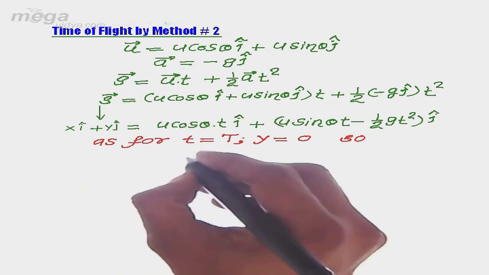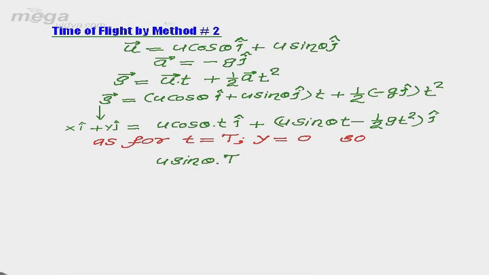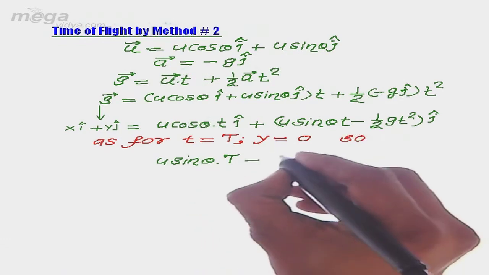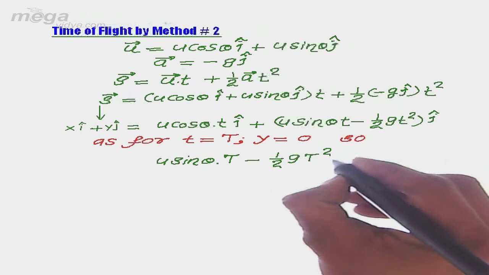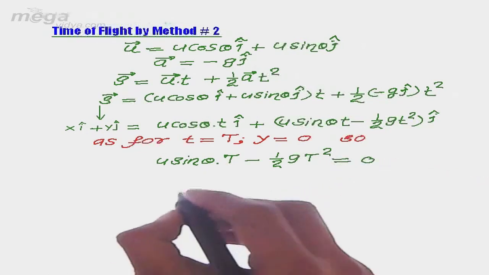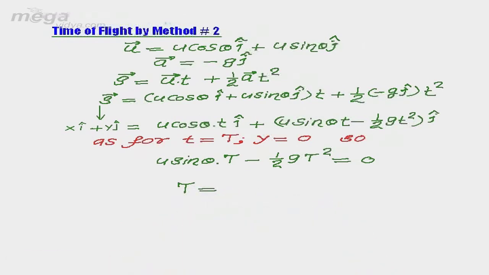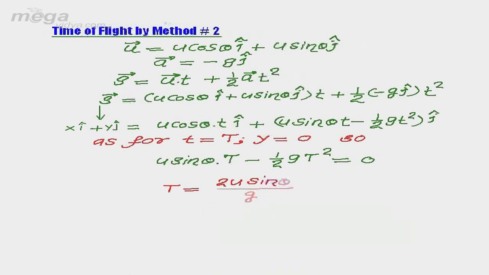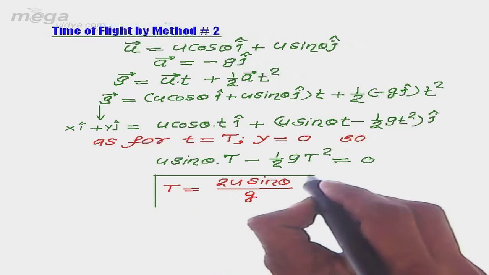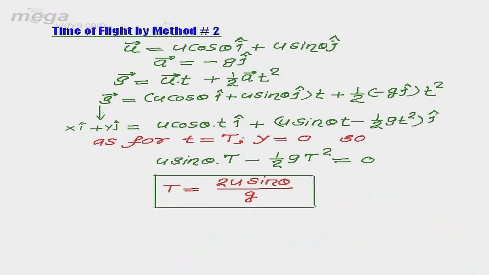So we can write u sin theta into time, which is the time of flight capital T, minus half g capital T squared, it has to be 0. Solving this equation, we get time of flight T equal to 2u sin theta divided by g. So students, these are the two different processes by which we got the time of flight.